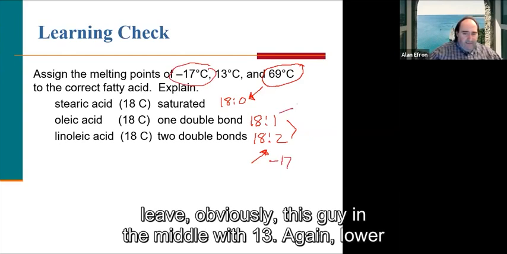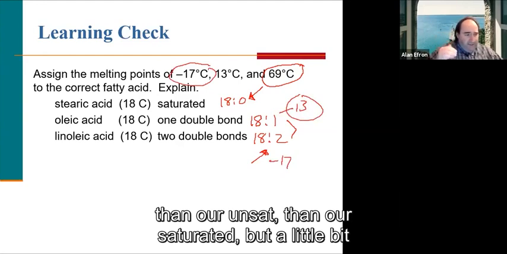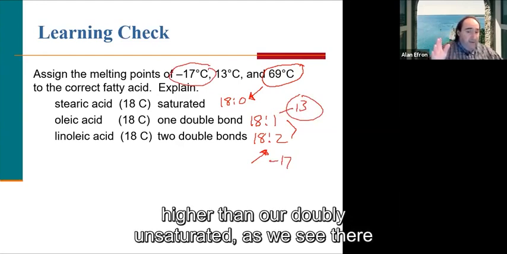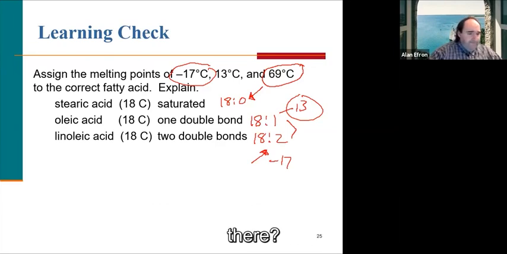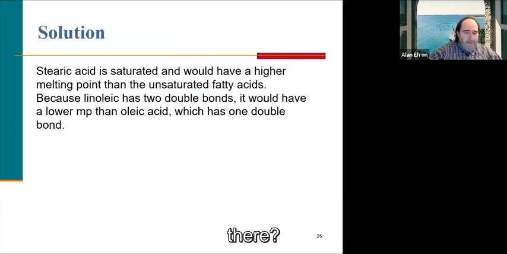And that would leave this guy in the middle with 13. Again, lower than our saturated, but a little bit higher than our doubly unsaturated, as we see there with our two double bonds. Any questions on that there? Okay.